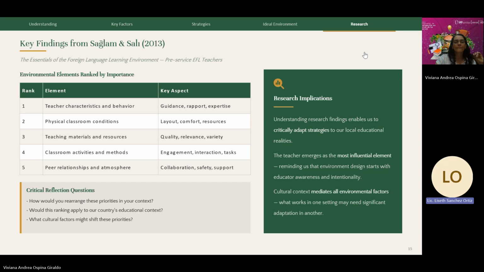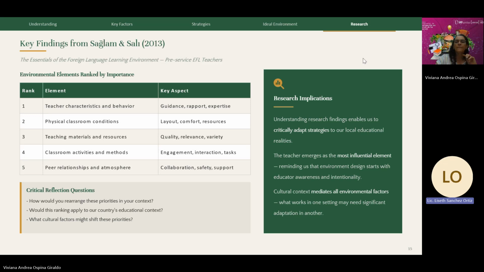Three, technical material and resources. Four, classroom activities and methods. And five, peer relationship and atmosphere. This means that the teacher is considered the most important factor in the learning environment.